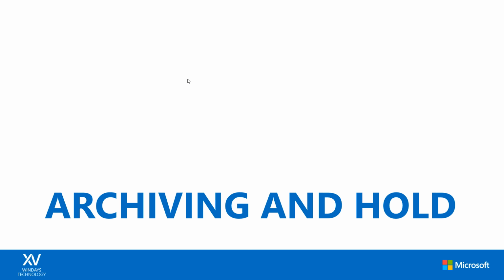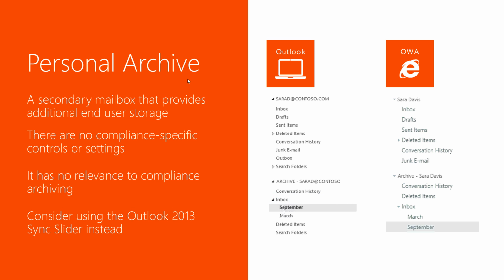All right. So let's talk about archiving. Archiving may be a little confusing for you, but that's our fault because we're undergoing a terminology change. Historically, when we talked about archiving, we were really referring to this personal archive mailbox. That's a second mailbox that you can give to your users if, for instance, they reach the limit of their primary mailbox, or if they're using an older laptop and can't have a very large OST file.